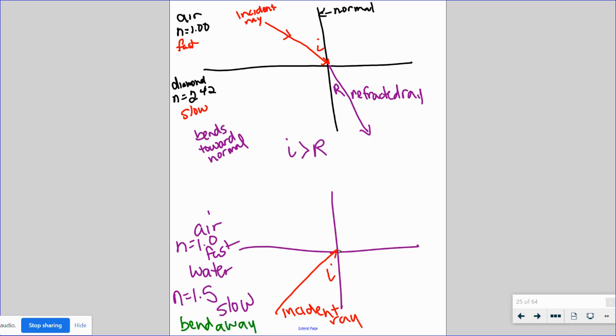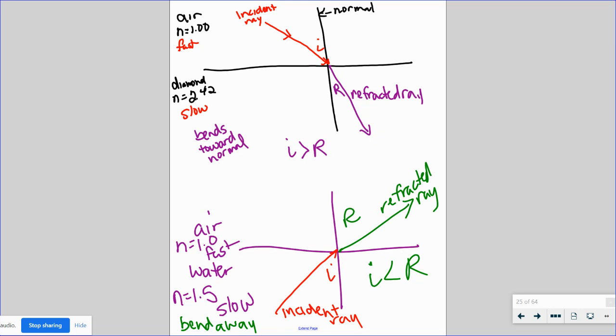So here, I'm going to bend it away from the normal. This is my angle of refraction, and this is the refracted ray. And in this case, I is less than R. So that's how we're going to draw it.